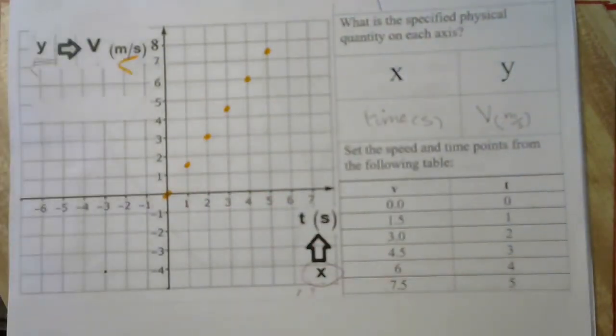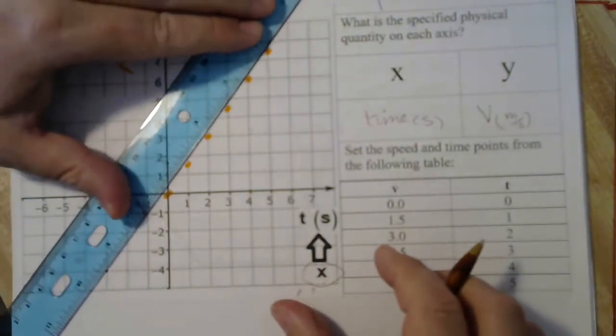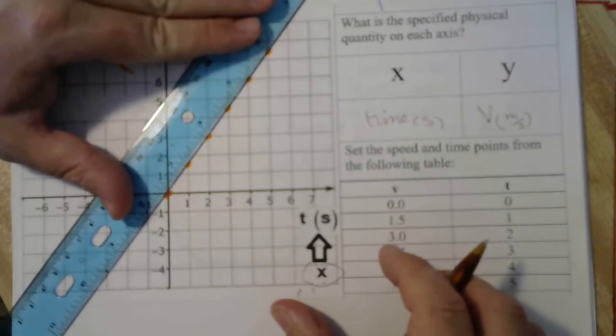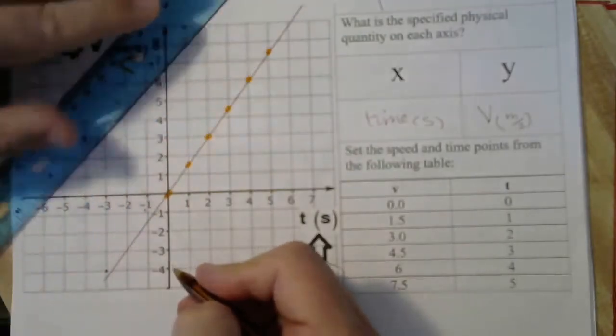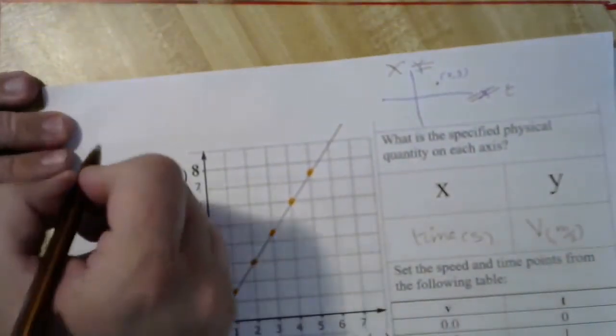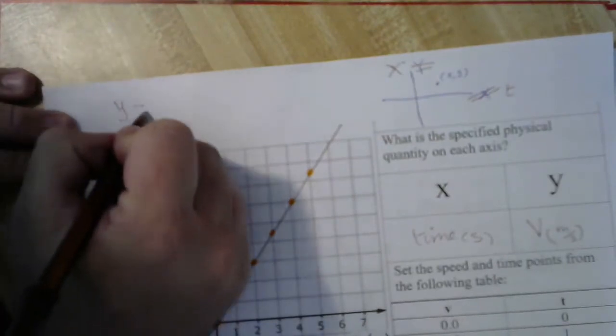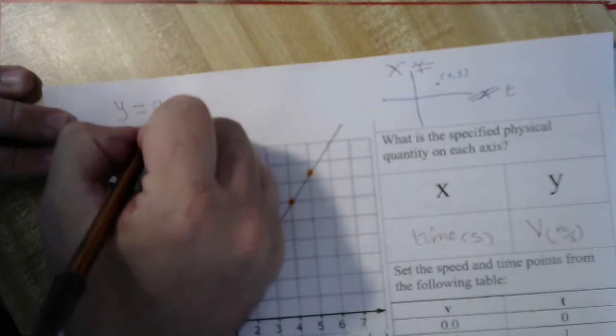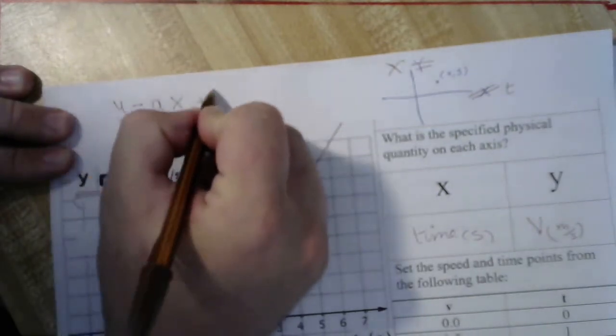Now if required I can draw a line. This straight line, if we get back to mathematics, has the equation y is equal to ax plus b.